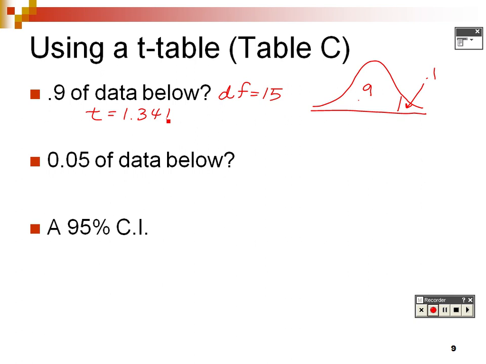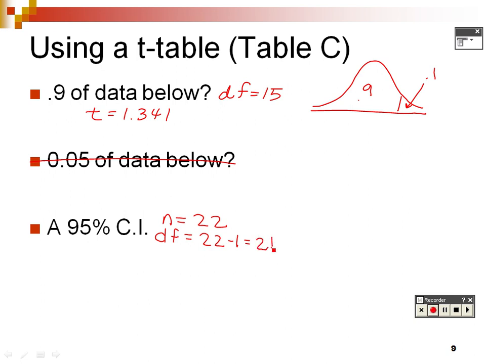Skip the second one. And let's look at a 95% confidence interval. In this case, let's suppose that your sample size, n, is equal to 22. In that case, your degrees of freedom are always one smaller, it's n minus 1. So 22 subtract 1 is equal to 21.